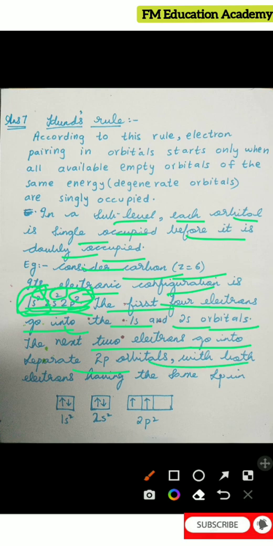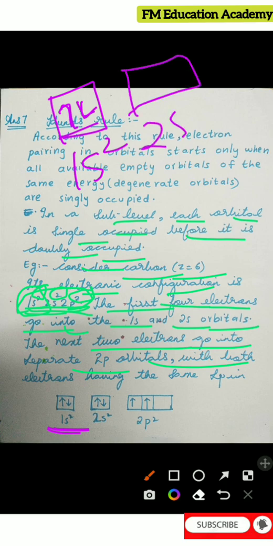In s, remember the maximum capacity is 2 electrons only, and s will have only one subshell. As it is 1s2, both the electrons are getting filled. Then we have 2s2, so both the electrons will get filled. Now what about 2p2?